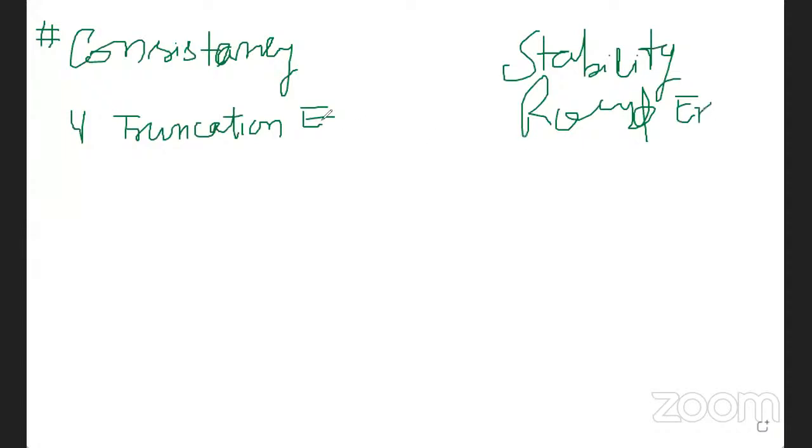All of you are aware of that. In the first lecture of numerical analysis, we generally do that.